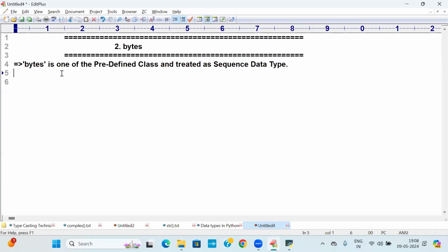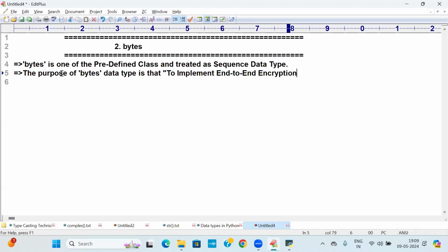Bytes. What is the purpose of these bytes, my dear students? The purpose of the bytes data type is to implement end-to-end encryption.